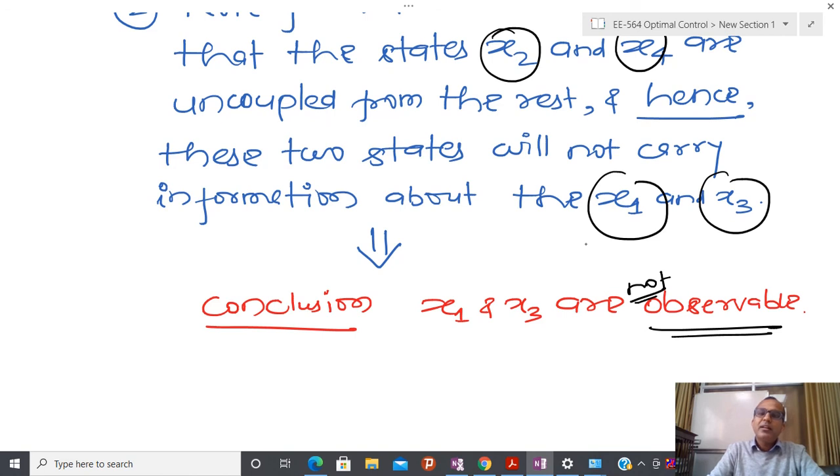After that, once the mathematical model is available, I have to check whether that particular system is controllable or not. If it is not controllable, then I cannot design any control. So if I am not able to design any control, then how can I talk about optimal control?